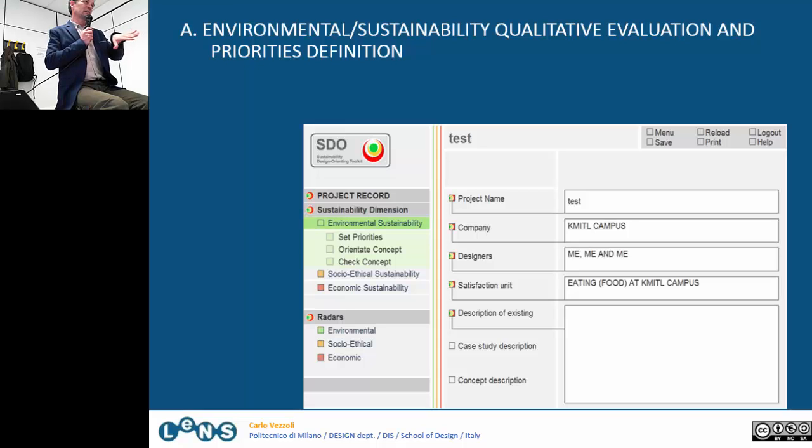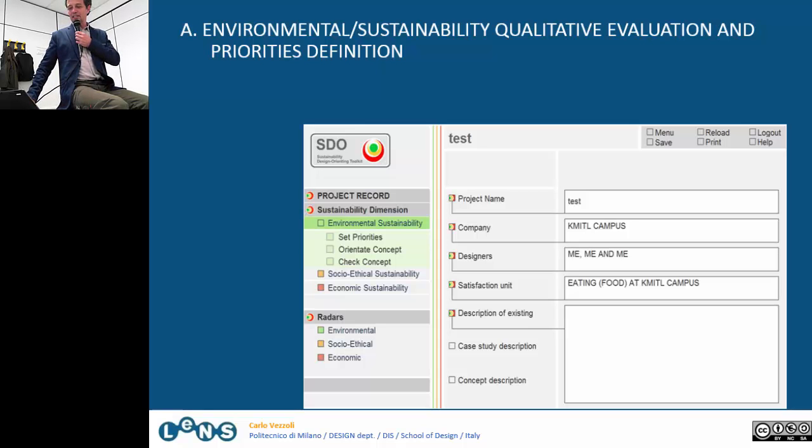We skip the economic sustainability, though it's included in the others, because any SPSS is at the same time economically interesting and environmentally or socio-ethically interesting. Okay.